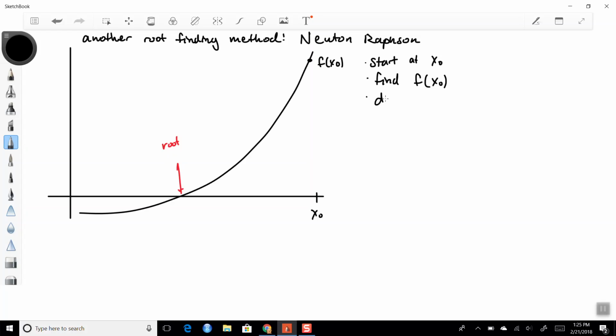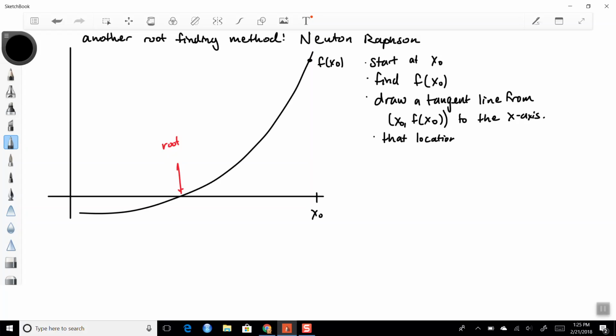So draw a tangent line from x0, f of x0, to the x-axis. Okay, and that location will be x1, and then repeat.